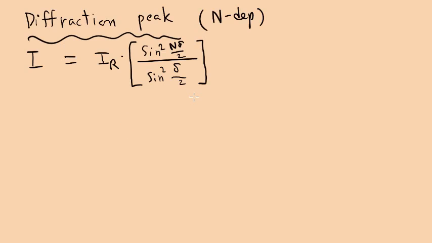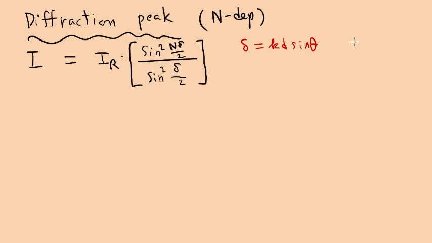Okay, so let's find some more fun facts about this diffraction intensity formula. By now you should be familiar with this formula. What is delta? Delta is kd sine theta. But we just did the X-ray diffraction from crystalline planes.